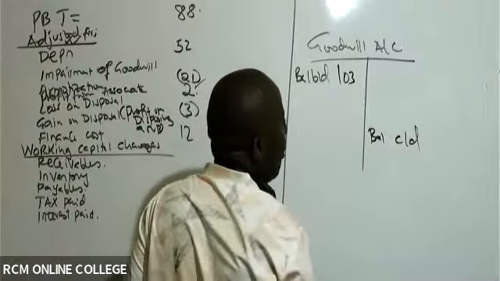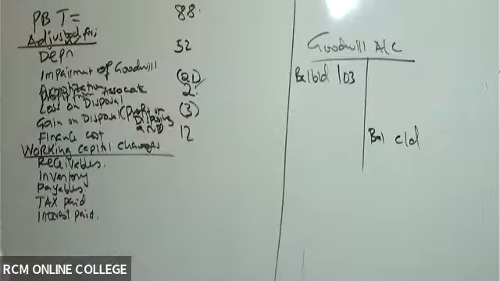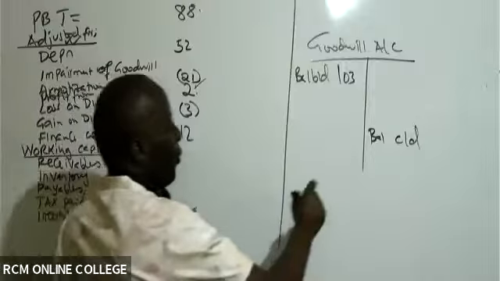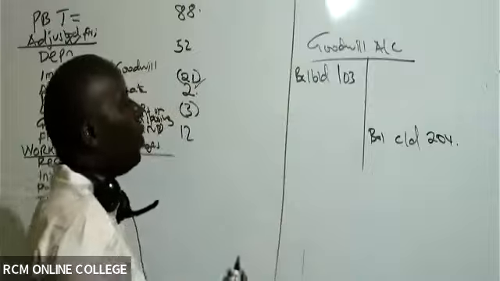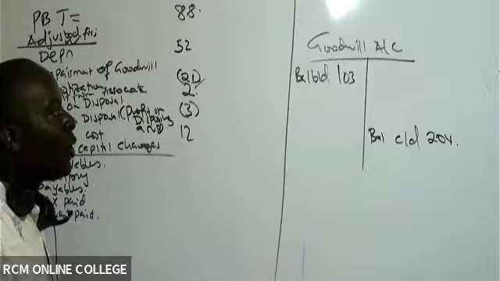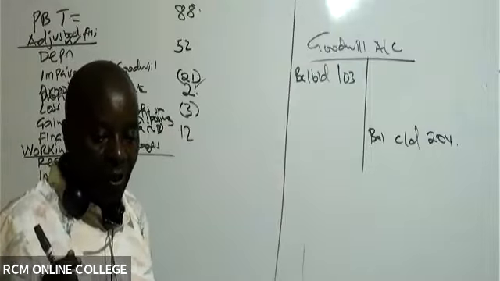How about balance carried down for 2022 now? So 103 versus what year? Versus 204. Now, ladies and gentlemen, we ask ourselves, what will bring changes? Oh, it is 142.